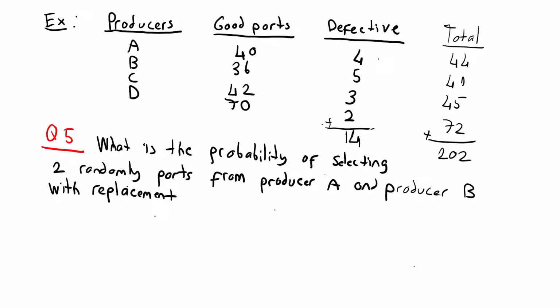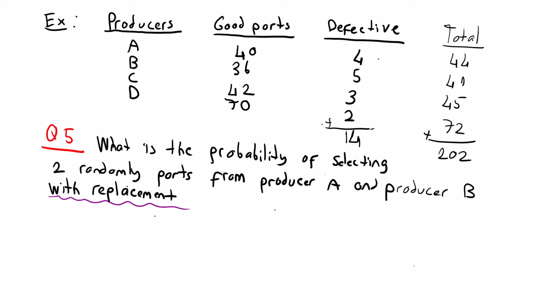Okay, so this is the keyword. Let me just underline it: with replacement. What is that supposed to mean? With replacement means you draw the first product, then you return that first product to the box before the second part is selected.